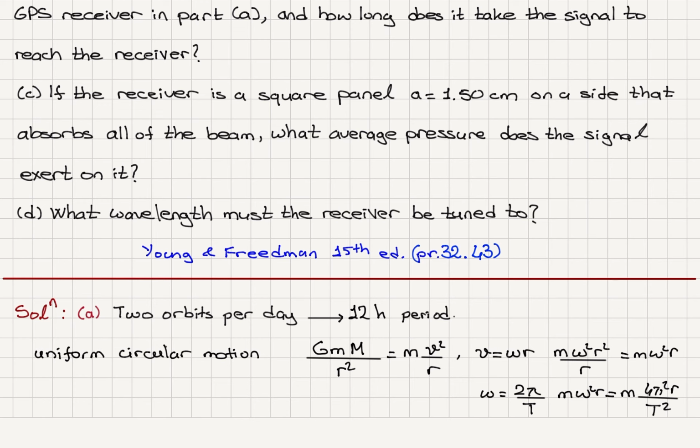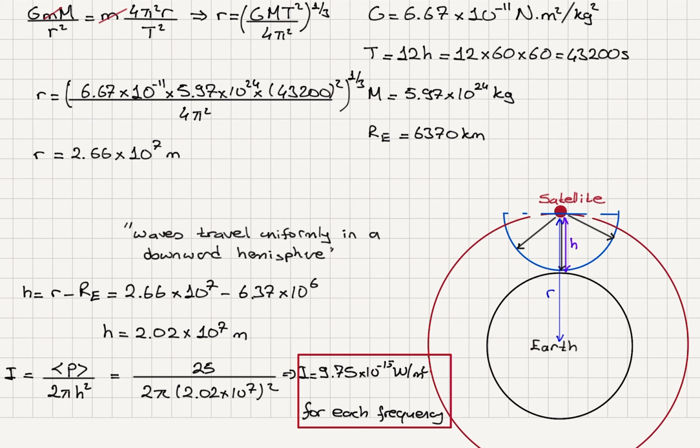Gravitational force GMm over r squared is equal to mv squared over r, or m omega squared r, where omega is the angular frequency, 2 pi divided by the period. Knowing the period is 12 hours, the mass of the Earth, and the gravitational constant, 6.67 times 10 to minus 11, substituting the numbers, we obtain the center to center distance, 2.66 times 10 to 7 meters.